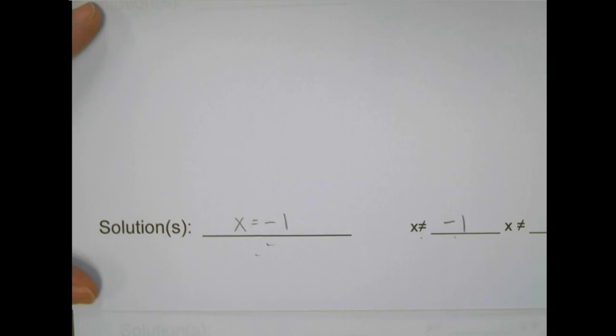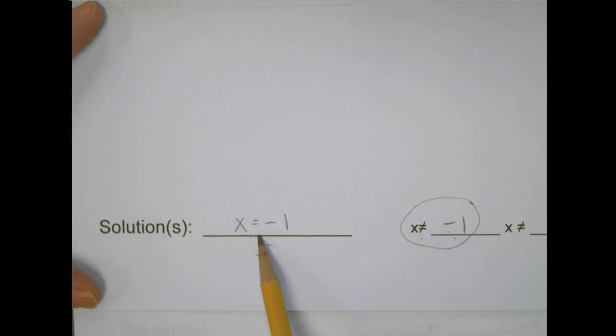So what's the answer? Which one's right? Which one's more important? Because what was rule number 2 that you wrote down on the front of your paper? The denominator cannot equal 0, never, never, never. And that means that if I put this one in, that would make a denominator equal 0.